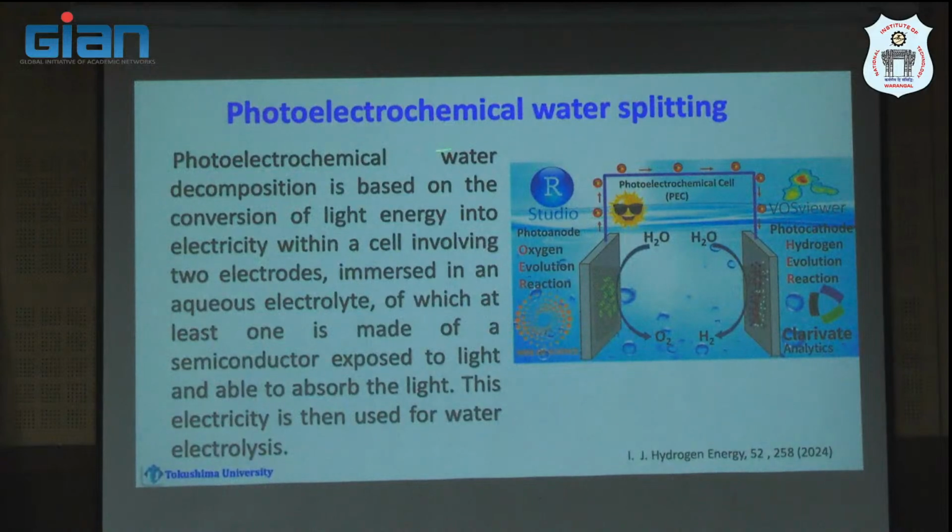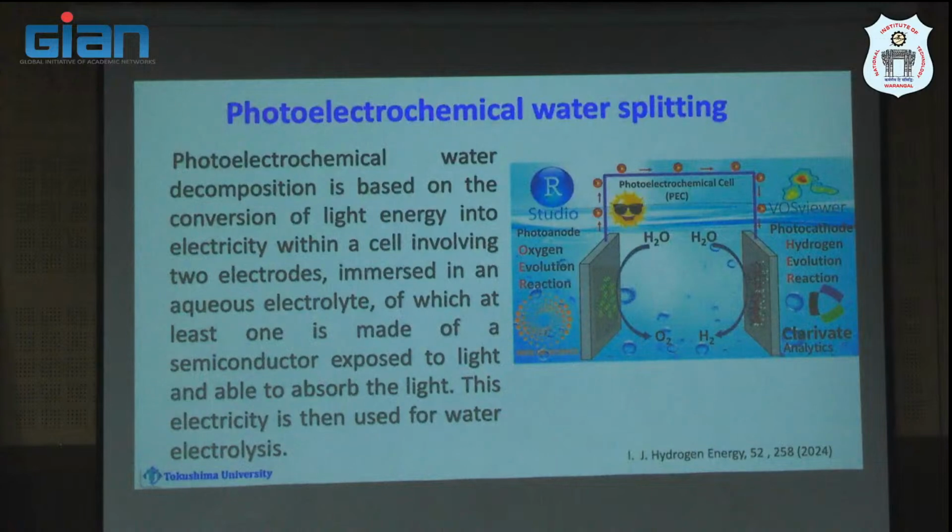Photoelectrochemical water splitting is decomposition based on conversion of light energy into electricity within a cell involving two electrodes. Okay? These are two electrodes, this one and this one, immersed in aqueous electrolyte. So this solution is the aqueous electrolyte, that is the water.